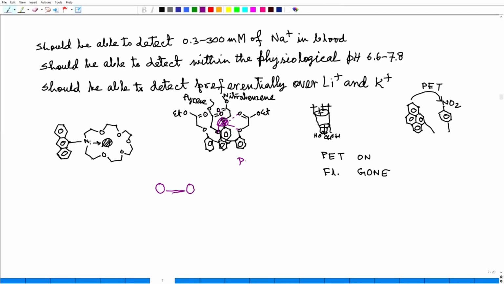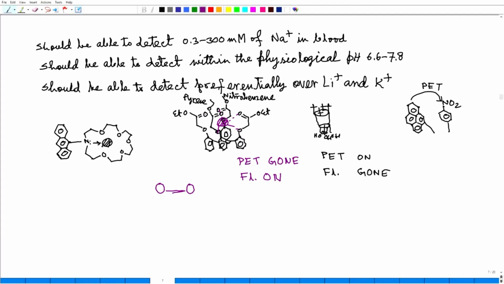So now PET is gone, fluorescence on. As simple as that. So this is based on PET, photoinduced electron transfer.